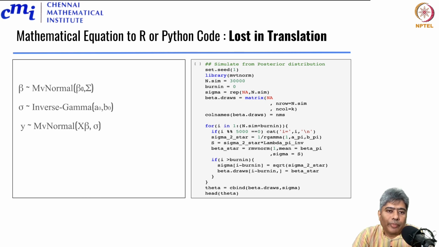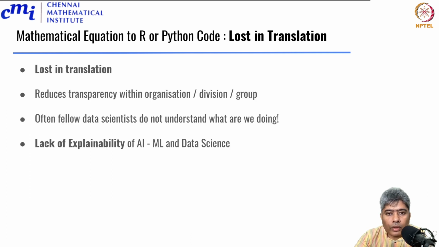But the point I'm trying to make here is that between the way we write our mathematical equations and the way we code them in R and Python, many things get lost in translation. And as things get lost in translation, it reduces transparency within the organization, within the division, even within the same peer group.